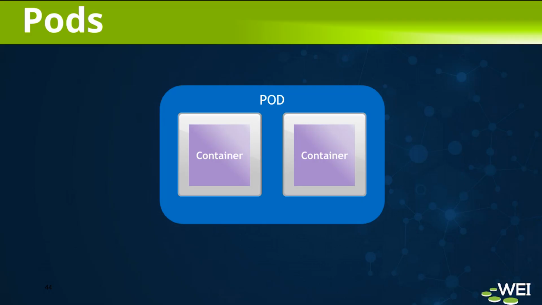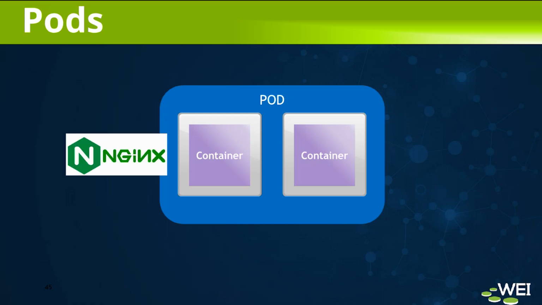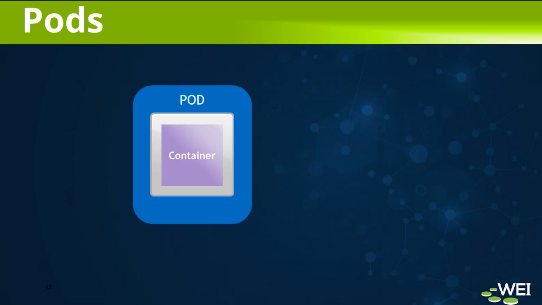Let's say that we wanted to deploy a lightweight logging container to pair with our Nginx container. Now in our pod, we would specify our Nginx container, and our logging container as well. And the two containers would form one cohesive unit, sharing the same resources. But for now, let's just focus on a single Nginx container running in our pod.